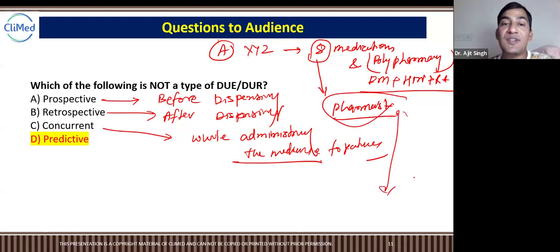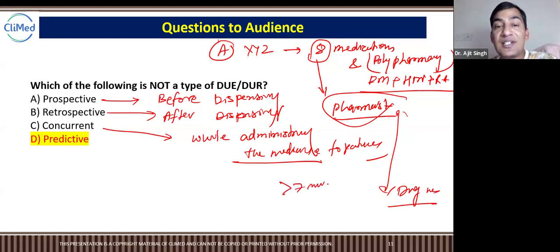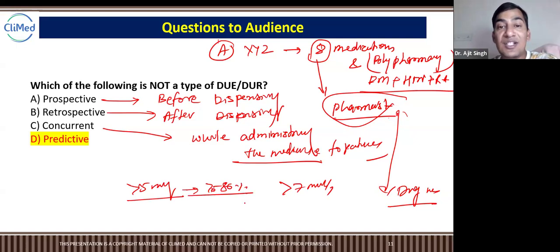Okay, the pharmacist looks at this and says, oh, there could be something interesting. The drug interaction could be there, because the research says more than 5 medications in a prescription has 70 to 80% chances of drug interactions.